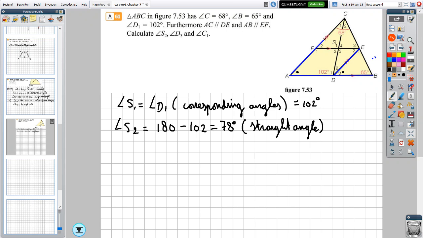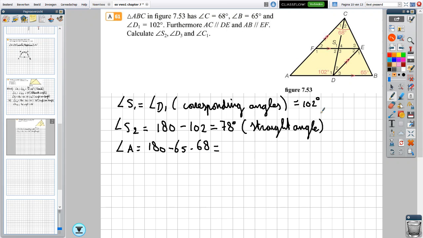So what I could do is, I'm going to erase this drawing first so it doesn't get too messy. I could say angle A is 180 minus 65 minus 68, right? So remember, sometimes you have to calculate a smaller angle like this, you have to take a look at the whole picture again.